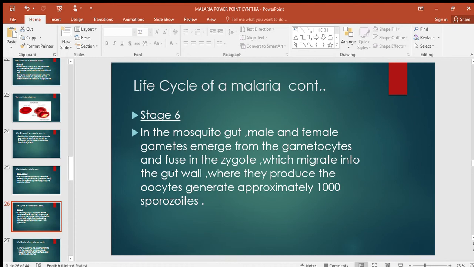When the mosquito sucks in, in the mosquito gut, the male and the female will fuse so that they reproduce sexually and generate oocysts, which will produce about 1,000 sporozoites. Remember that those are the sporozoites which are now going to be injected into a person who is not infected, by a mosquito biting that person.